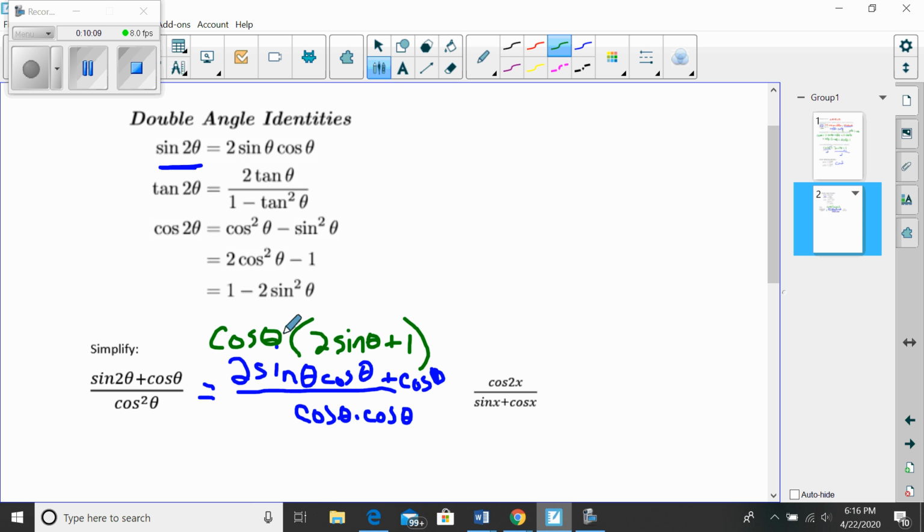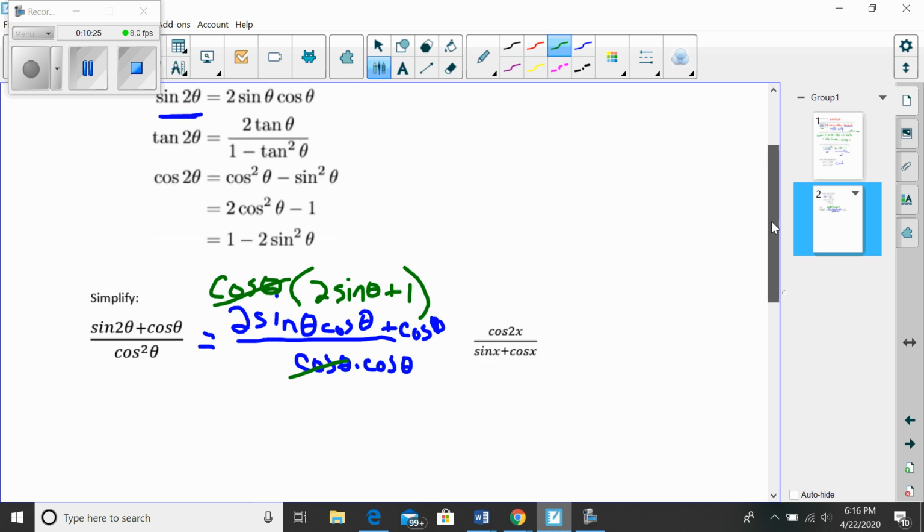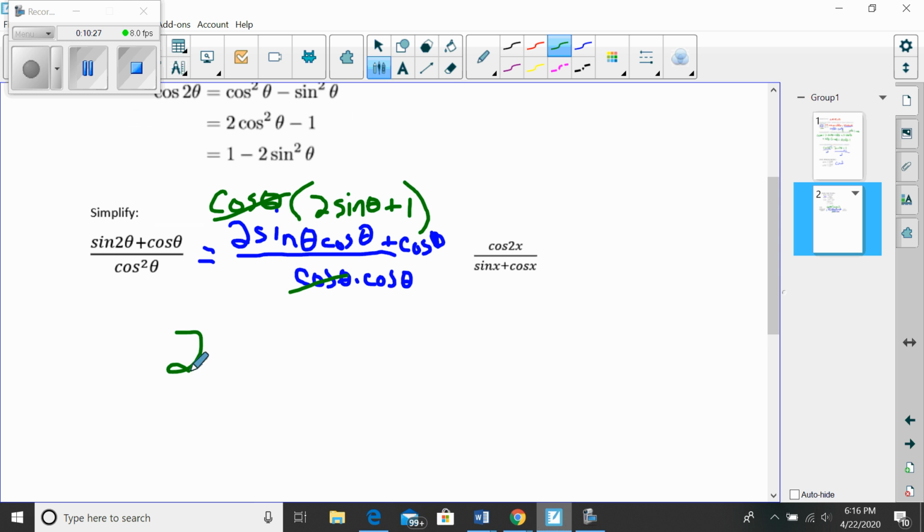All right, so we know we can't cancel out of a sum, but we can cancel a factor when there's a product. So I've got this cosine theta. I could cancel that out with one of these cosine thetas, and I could simplify this down to 2 sine theta plus 1 over cosine.